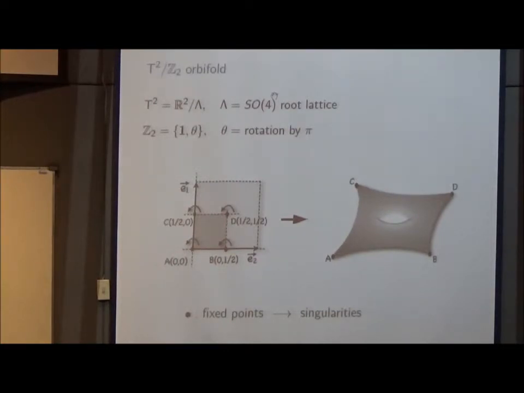You can do the quantization of the orbifold even though these singularities are there. And from the field theory point of view, maybe it's complicated because you have the singular space, but from the string point of view, it's very easy, of course after you have learned it.